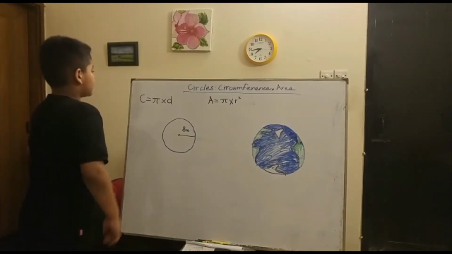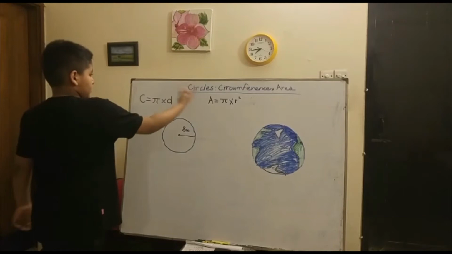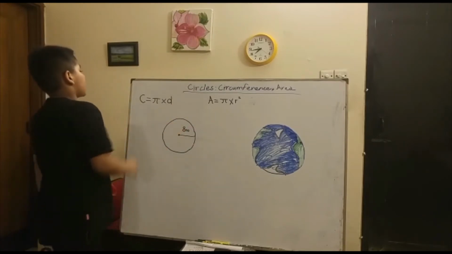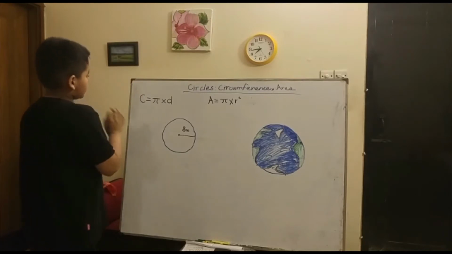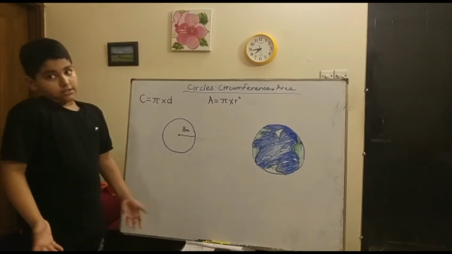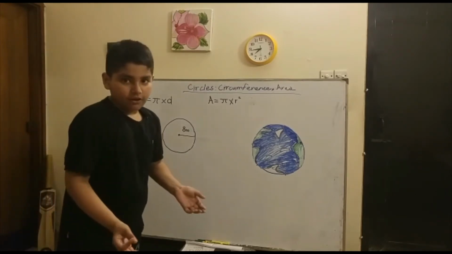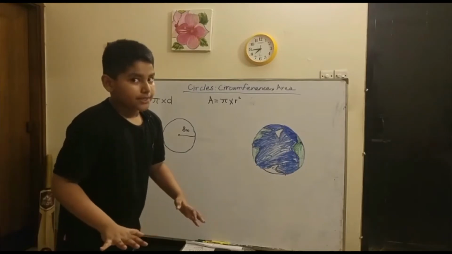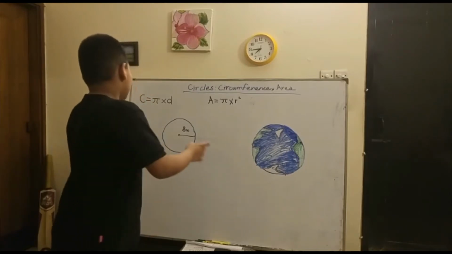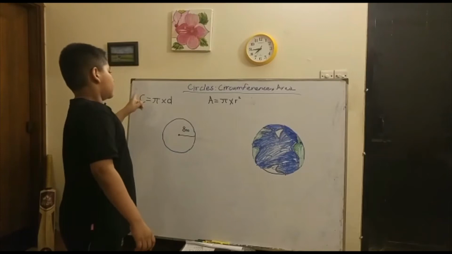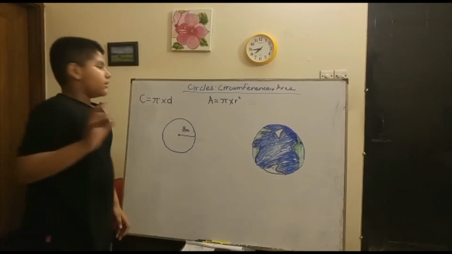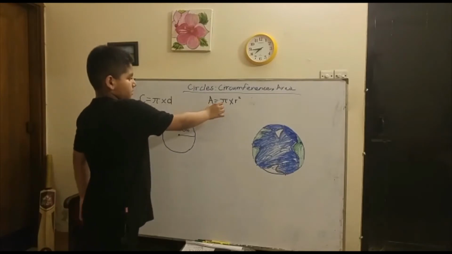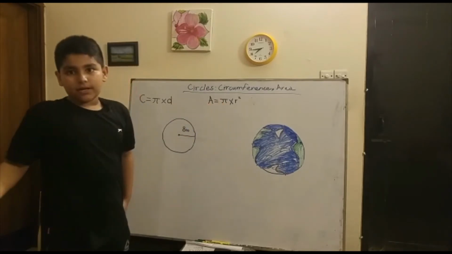Here is the formula for finding the circumference: circumference equals pi times diameter. Since we always write things in short form in geometry, we write C equals pi times D. And area is calculated by pi times radius squared.